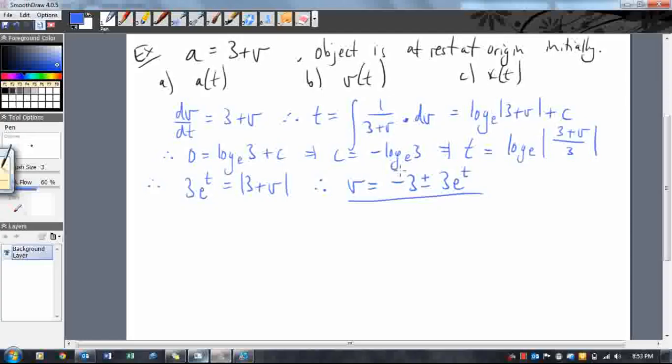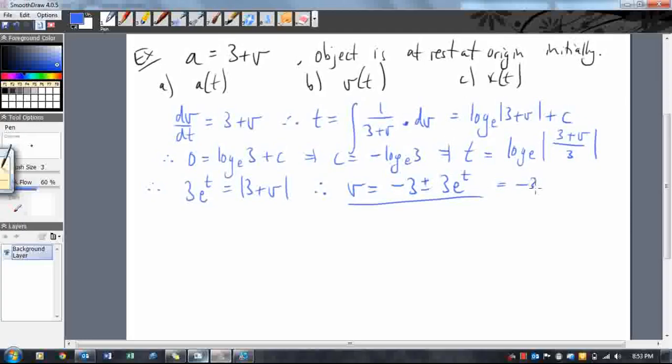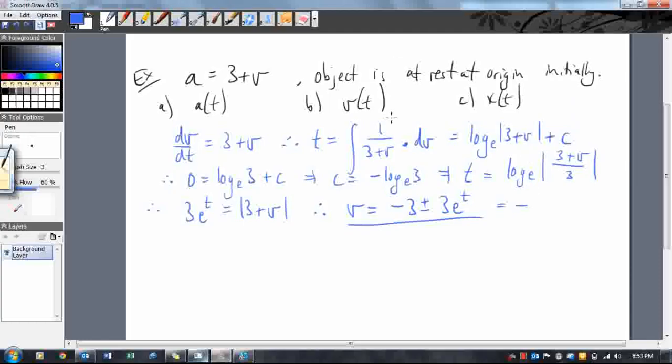Okay, so there we go. Can we check that? Velocity must be equal to 0 when time's equal to 0. So let's just check whether it's plus or minus. Time's equal to 0, that'll be 3. So this must be plus. Equals negative 3 plus 3e to the t. Must be that one, because of our initial condition.